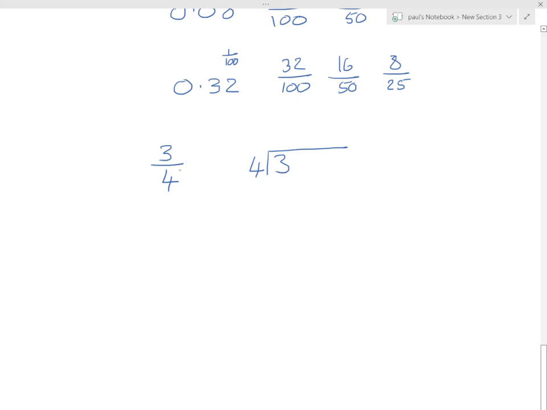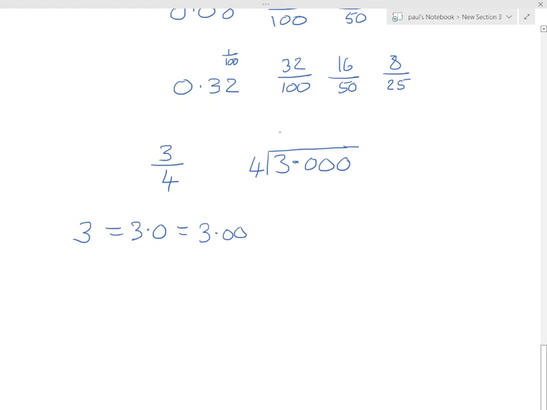Now, what I do with these things, 3 is the same as 3.0, which is the same as 3.00, and so on and so forth. So I always put a decimal point there, and I put 3 zeros in to help with the division. It's the same number, but put a few zeros in there.